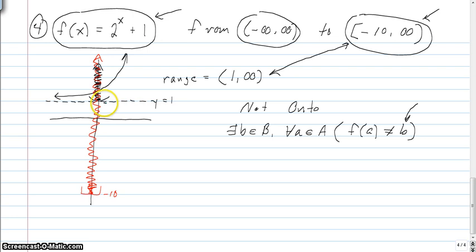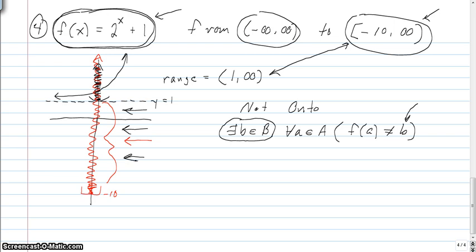So you can see in here we've got some y values that are in the codomain but not in the range of the function, and this is where we want to make our selection. That's where we want to choose some element that is in the codomain, but we're never going to be able to produce any of those y values. There's no x value we can plug into this function that's going to give us any y value in here. We can see that in the graph.